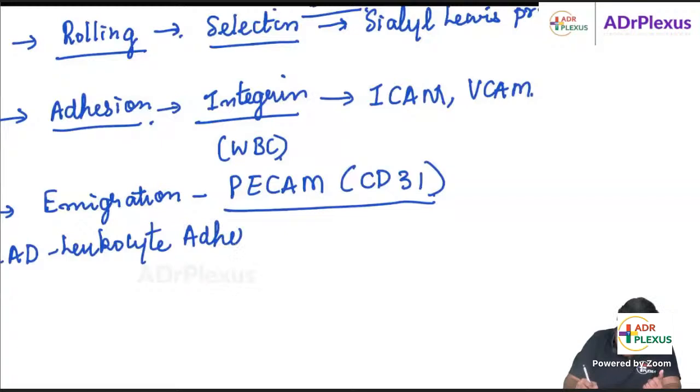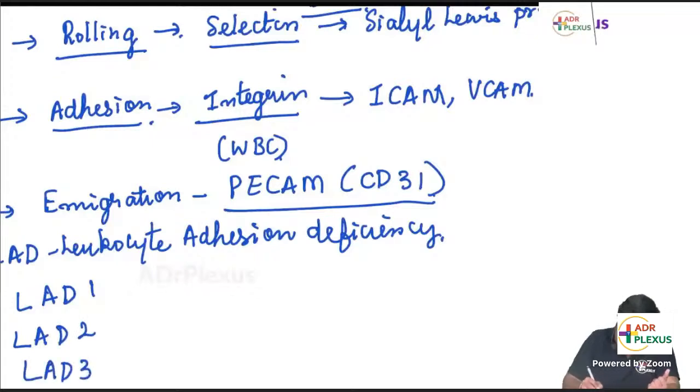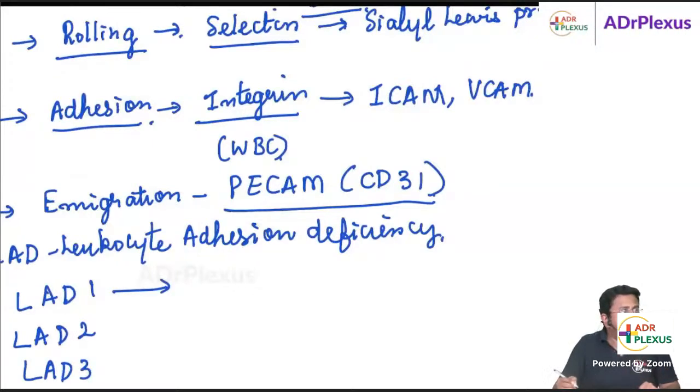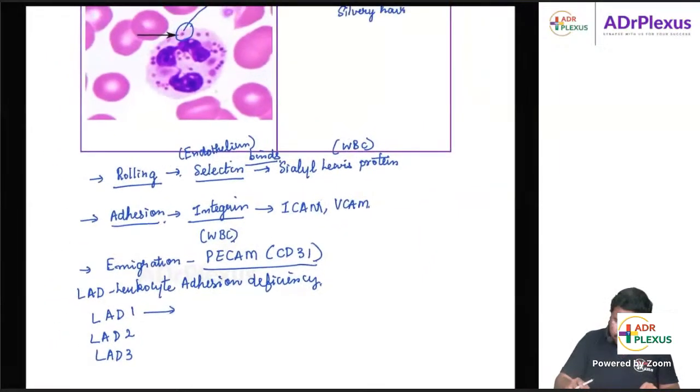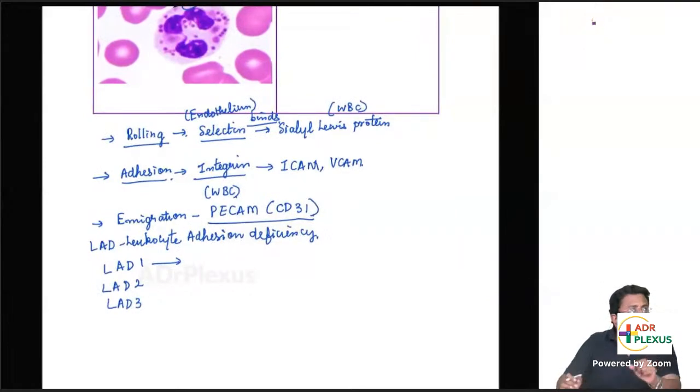What are the types of leukocyte adhesion deficiency? LAD1, LAD2 and LAD3. In LAD1, which is defective? Adhesion is defective.